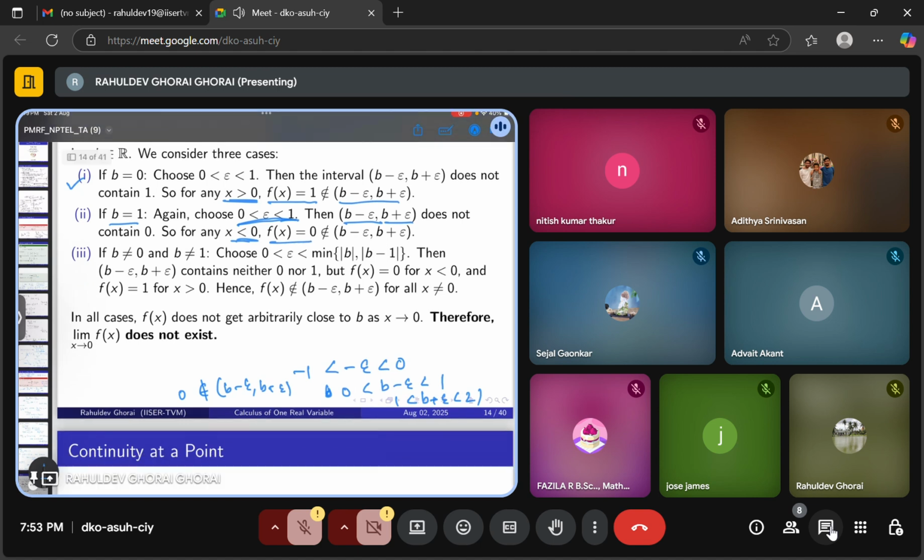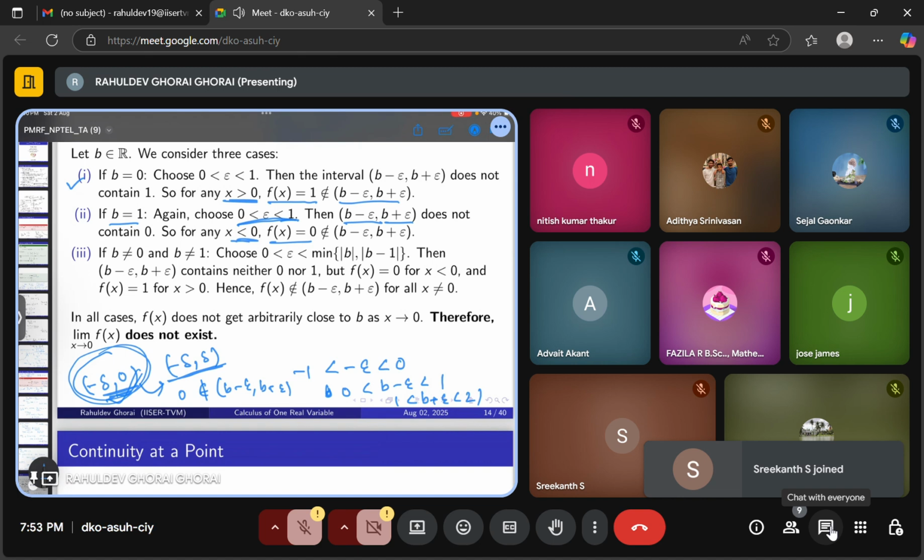Any delta neighborhood will include (-delta, 0), where f(x) is 0, and for all those x, f(x) does not belong to (b minus epsilon, b plus epsilon), so b cannot be the limit.